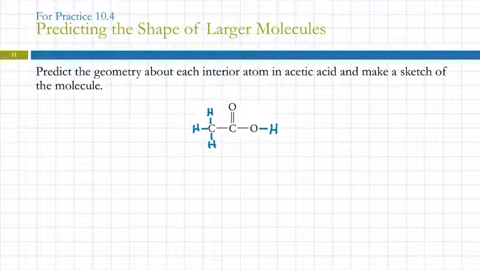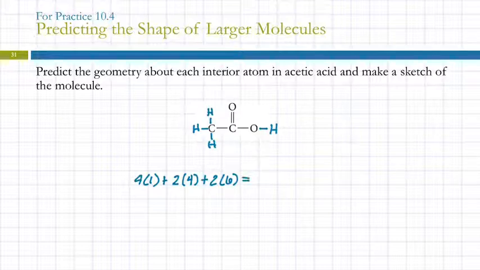Are there any lone pairs in here? It matters. Well, we need to know how many electrons there are. We've got 4 hydrogens, each with 1 valence electron, 2 carbons that each have 4 valence electrons, and 2 oxygens that each have 6 valence electrons.